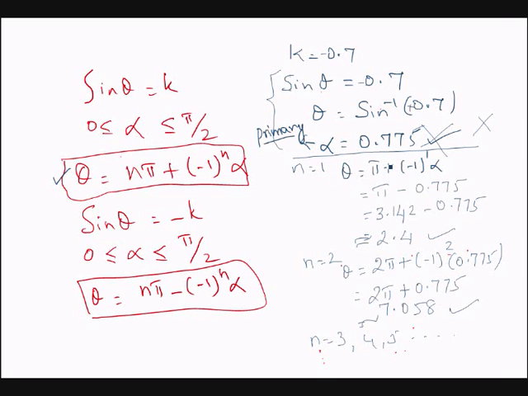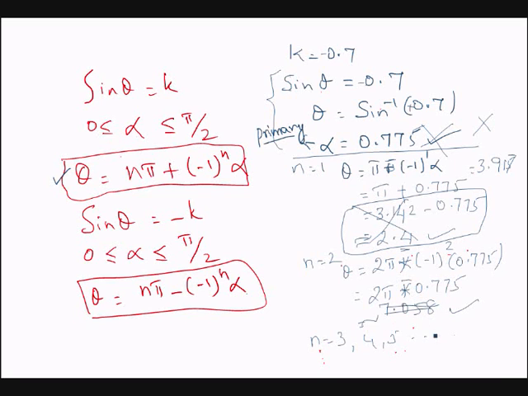And here the formula changes to minus negative n pi minus negative 1 power n alpha, which means it changes to pi plus 0.775. Therefore, these values change. If you continue so on, this will be 2 pi, and instead of plus, this will be minus, and so on.